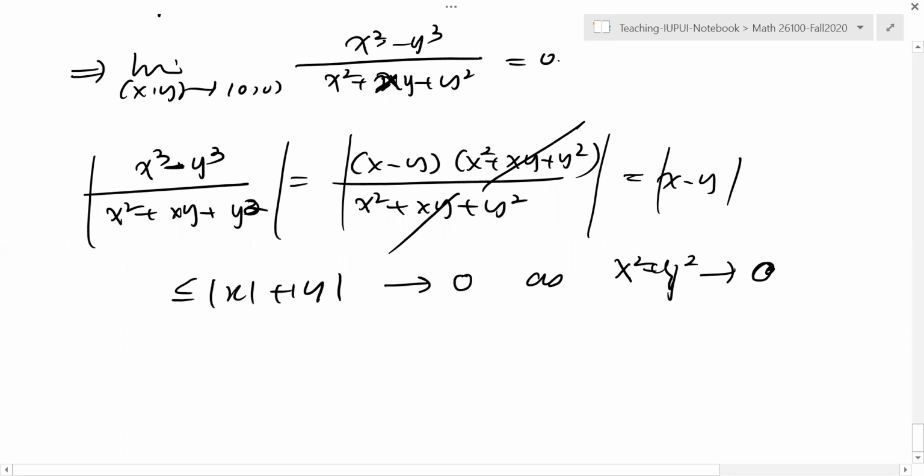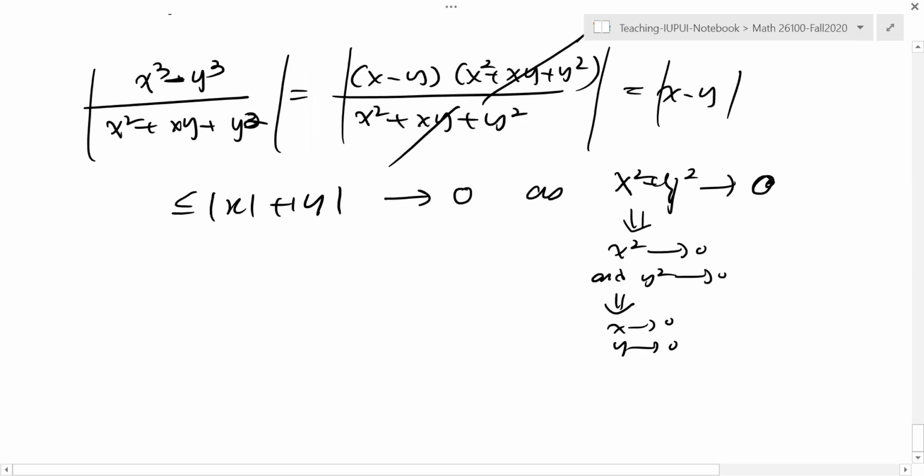The reason is that x squared plus y squared approaching 0 implies x squared approaches 0 and y squared approaches 0. So that implies x approaches 0, y approaches 0. Of course, then the absolute value approaches 0. So the sum approaches 0.